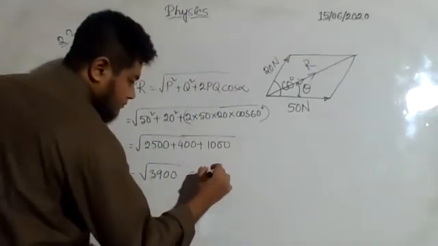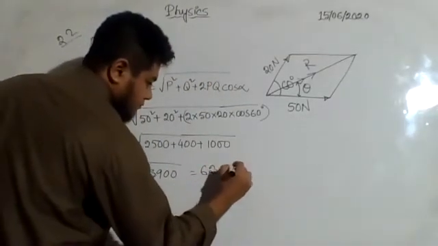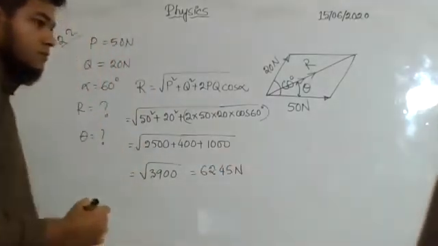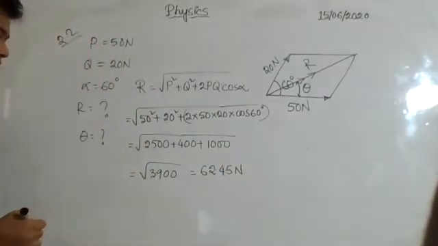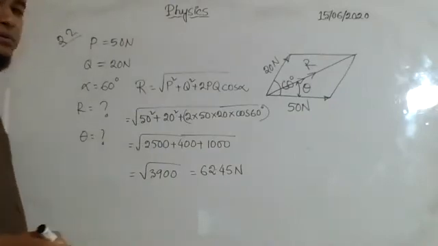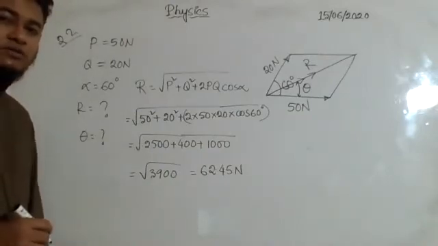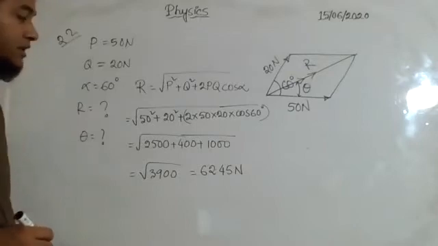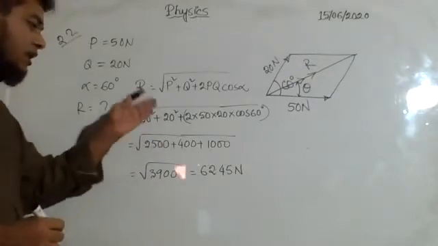So R is 62.45 Newton. Okay, so this is the magnitude. Now we will find out the direction. Before I start finding out the direction, I want to ask you, do you have any doubt here?